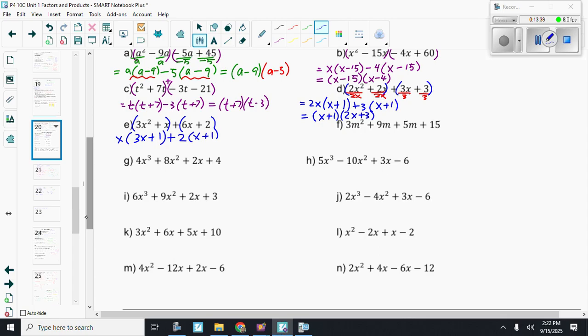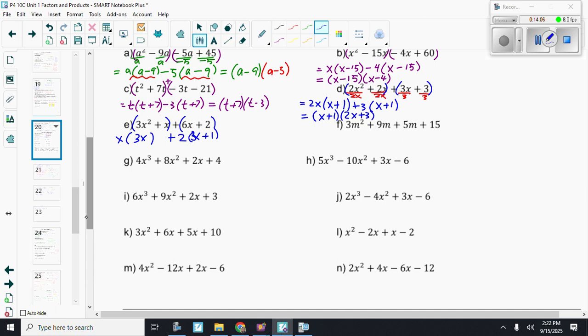The nice thing with grouping is you know that you've done it right if your 2 brackets are the same. If your 2 brackets aren't the same, then something went wrong. Say, for instance, you forgot, and you thought x and x maybe canceled or turned into 0 or somehow disappeared. Then when you get to here, suddenly they don't match.